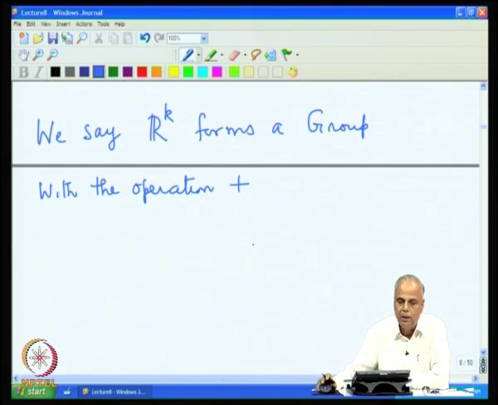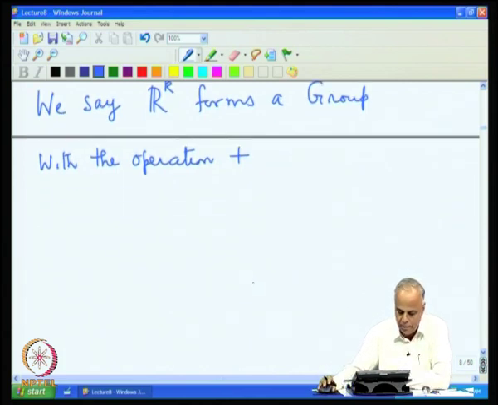So, basically the real numbers form a group: addition of two real numbers is a real number, there is the 0 real number and every real number has a negative real number which is such that x plus minus x is 0. All these properties induce corresponding properties on R k, and therefore, the group structure of R induces the group structure on R k.